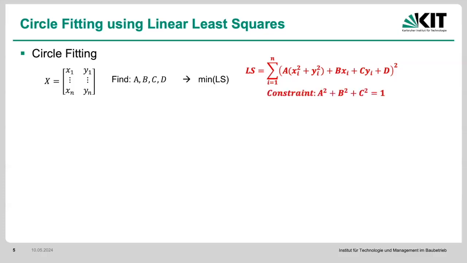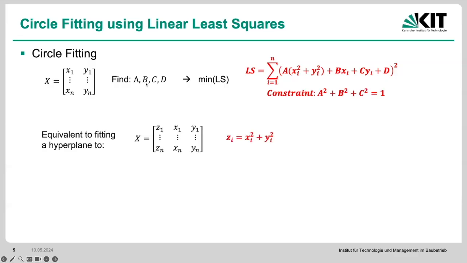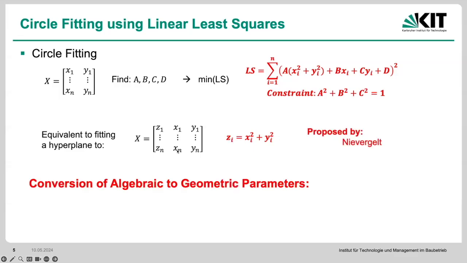So our constraint is this, that is equivalent to hyperplane fitting in 3 dimensions by changing our variables like this, which we talked about, by means of our z, which is an additional dimension, being xi² plus yi². Once you get the a, b, c, and d, you can now basically convert it into this form, which is our geometric understanding of it, because we need the center and then the radius, right?